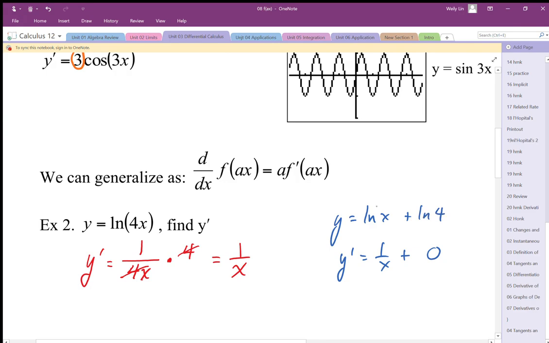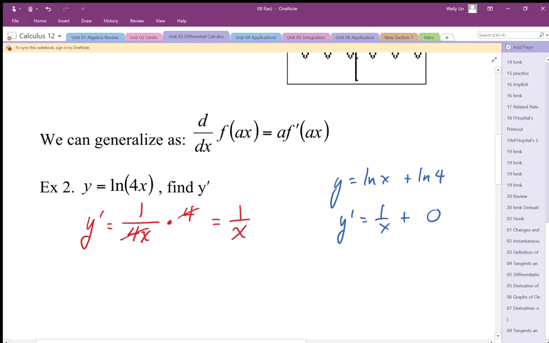So that times 4 compression could have been shown as a vertical shift, which doesn't affect our slope whatsoever. Although it changes the graph, that horizontal compression really isn't a horizontal compression. In some ways, we can look at that as a vertical shift. But we applied the rule correctly, and we got a result that is consistent.